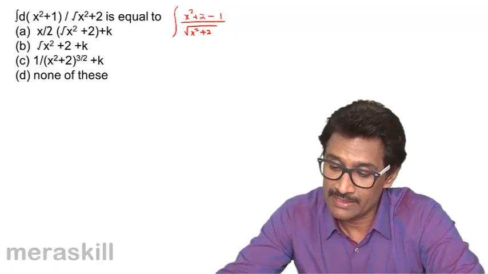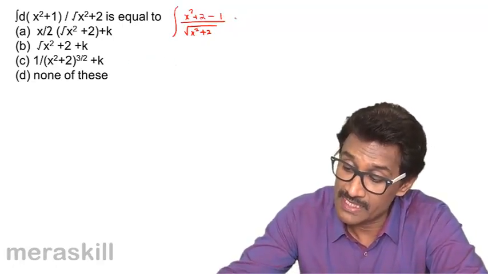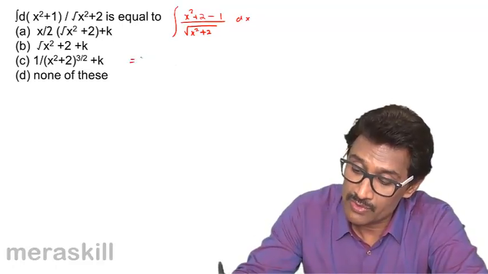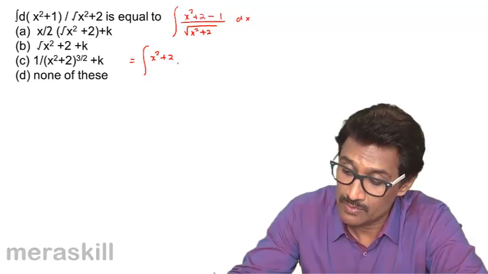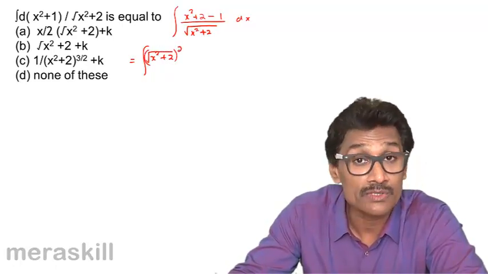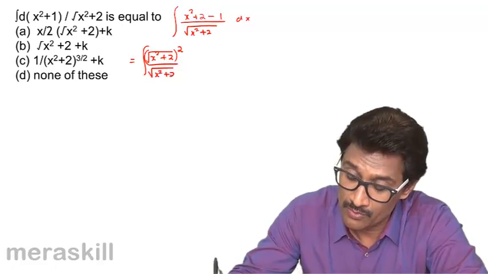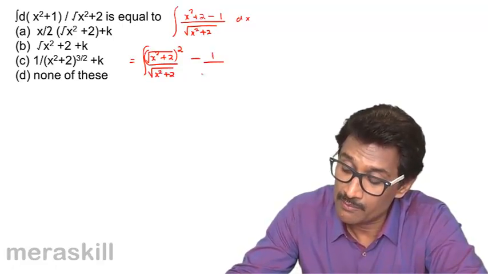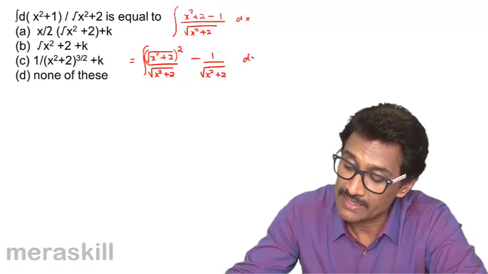Why do we do that? Because this can be now written as x square plus 2, which is nothing but root of x square plus 2 the whole square, upon root x square plus 2, minus 1 upon root x square plus 2 dx.